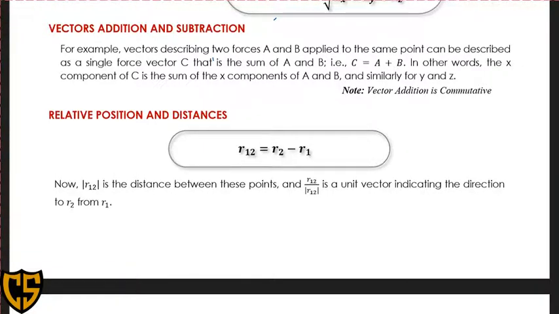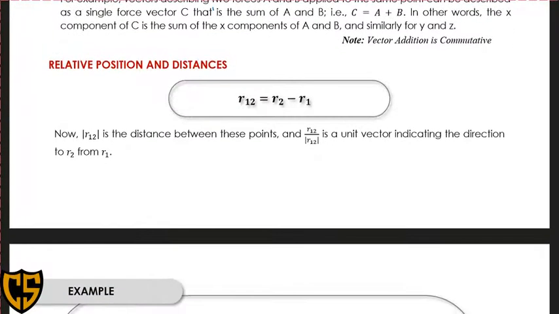So, we have relative position and distances. So, ano ni ang relative position and distances? Simple lang ni. If you have two vectors, for example, may ara ka vector R1 and vector R2. Pangitaon mo ang distance between sila nga duwa. So, simple lang, minus mo lang sila.